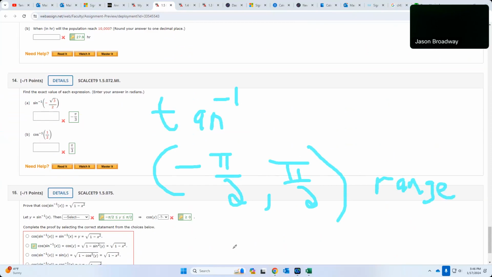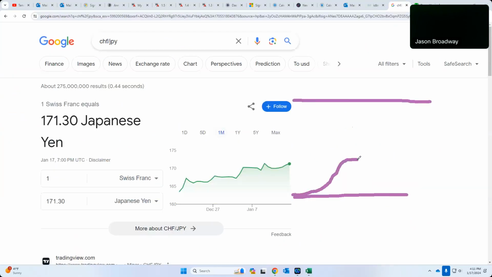Now the domain is going to be darn different. The domain is going to be all real numbers. Wait, I better be careful. Well, that's only true of tangent. Gotta be careful. This is the range. The domain.